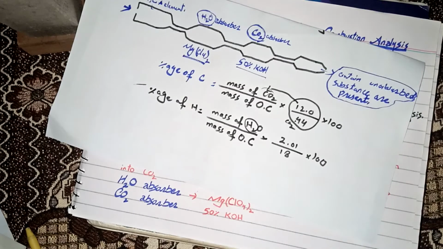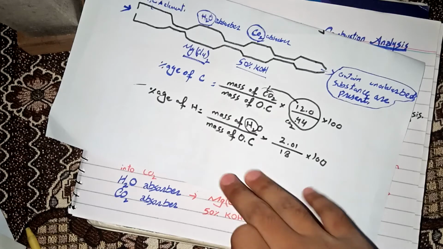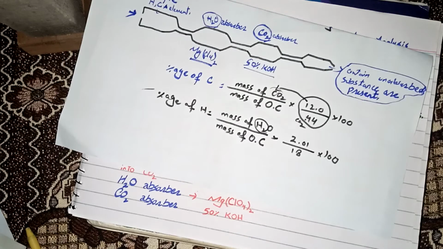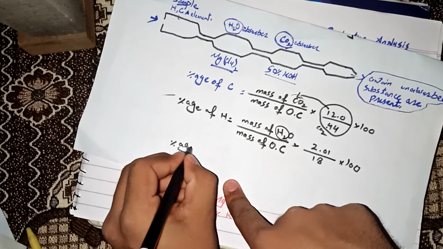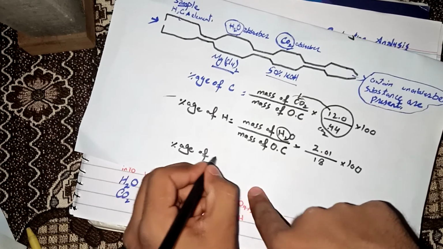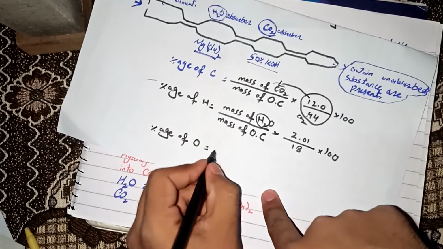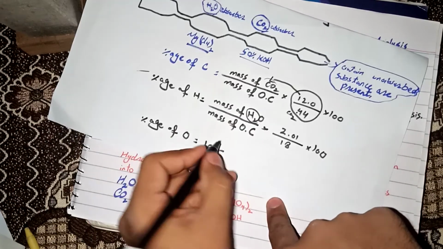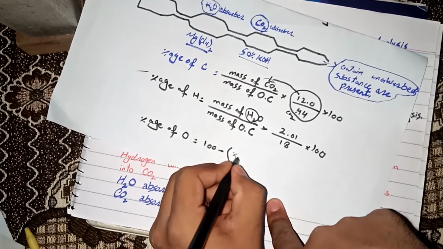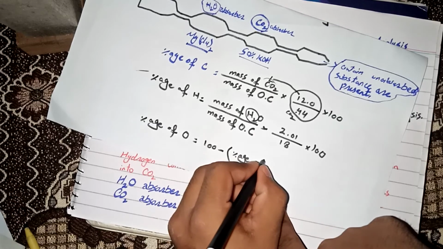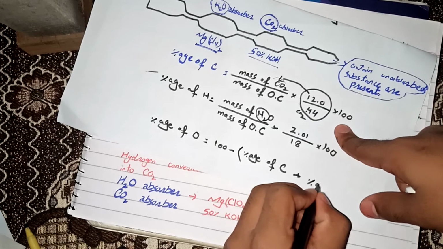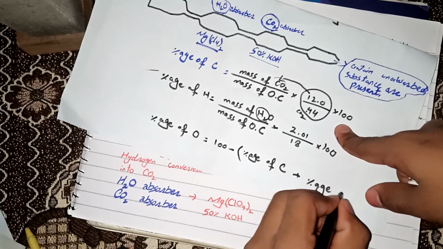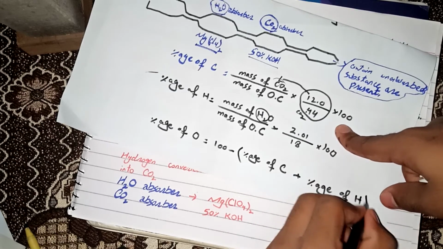Now last is oxygen. How can we find the amount of oxygen? Simply, percentage of oxygen is equal to 100 minus the percentage of carbon plus the percentage of hydrogen.